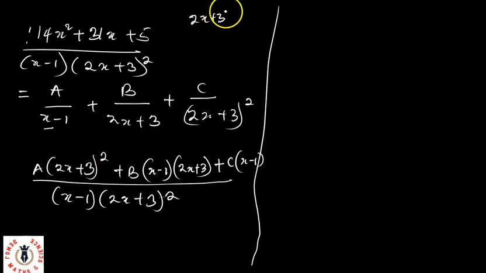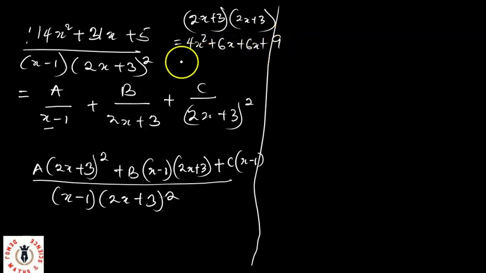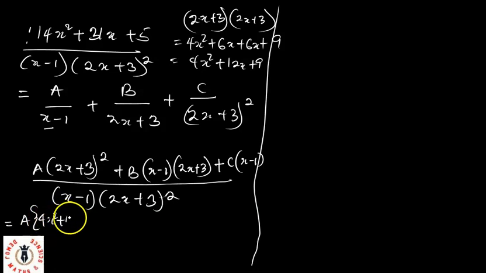2x plus 3 into 2x plus 3. So this is the same thing as 4x squared, 2x times this, plus 6x plus 6x plus 9, which equals 4x squared plus 12x plus 9. So this expression is the same thing as A into 4x squared plus 12x plus 9.